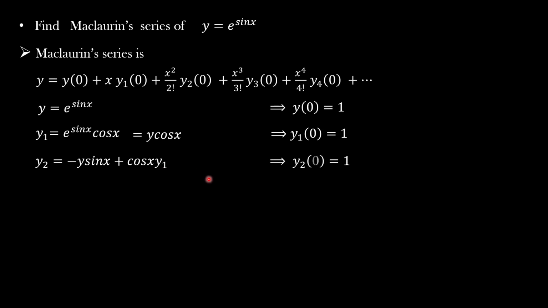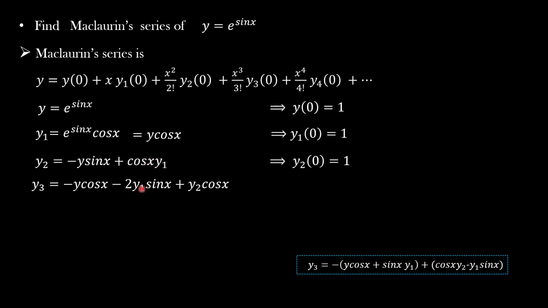Therefore, y2 of 0 is equal to 1. y3 is equal to minus of y into derivative of sin x, which is cos x, plus sin x into derivative of y, which is y1, plus cos x into derivative of y1, which is y2, plus y1 into derivative of cos x, which is minus sin x. Or y3 is equal to minus y cos x minus 2 times y1 into sin x plus y2 into cos x, which implies y3 of 0 is equal to 0.